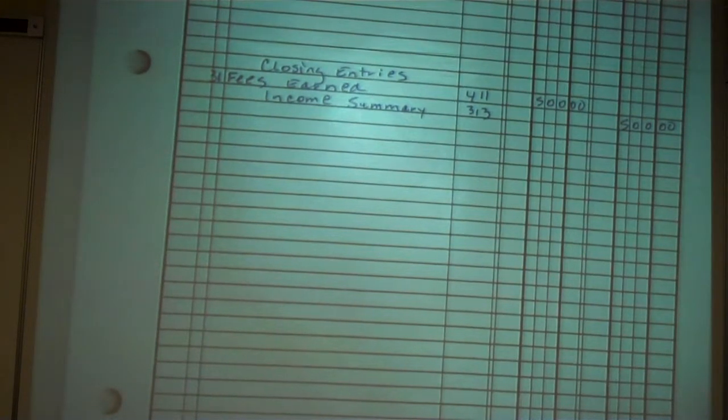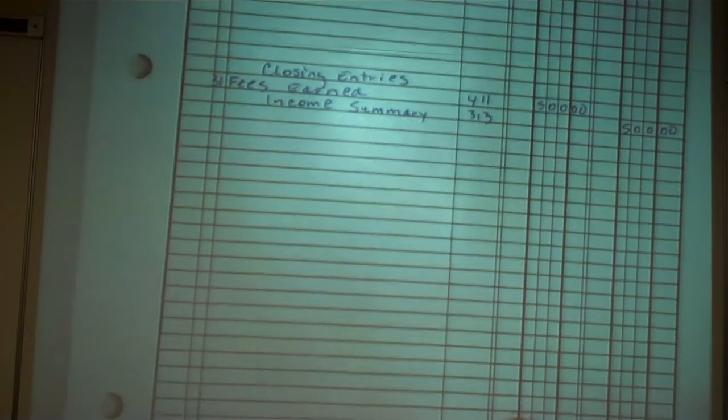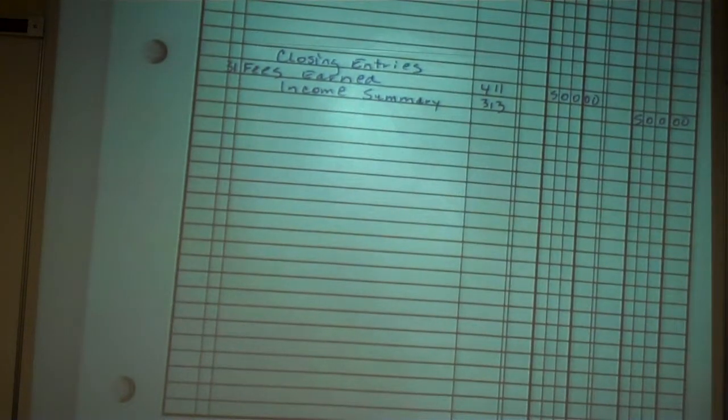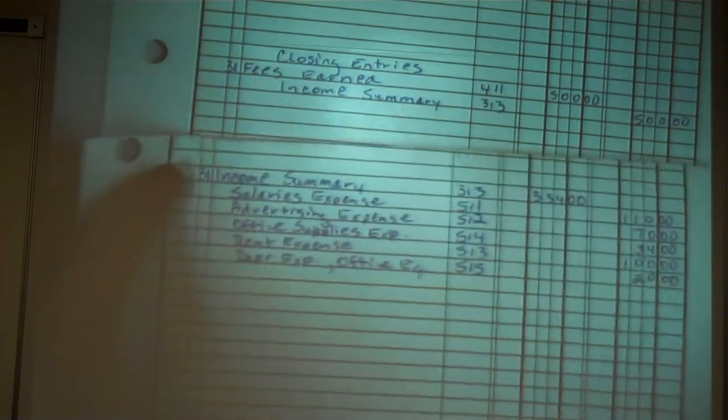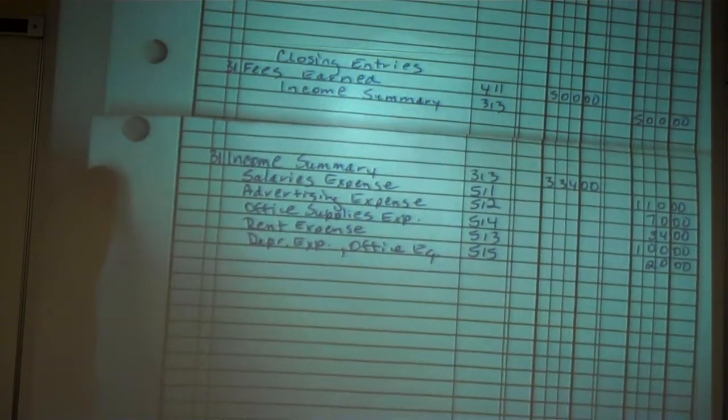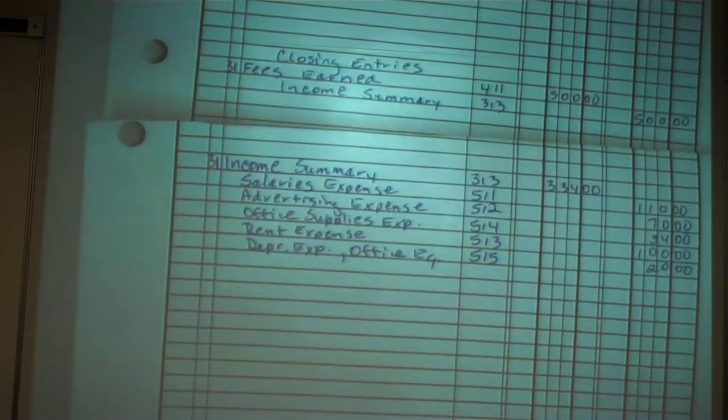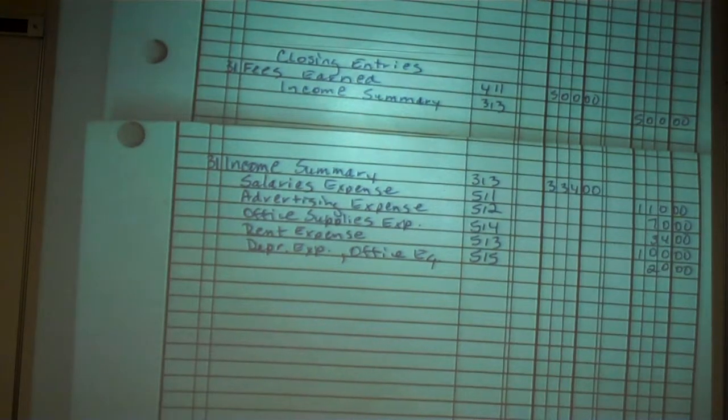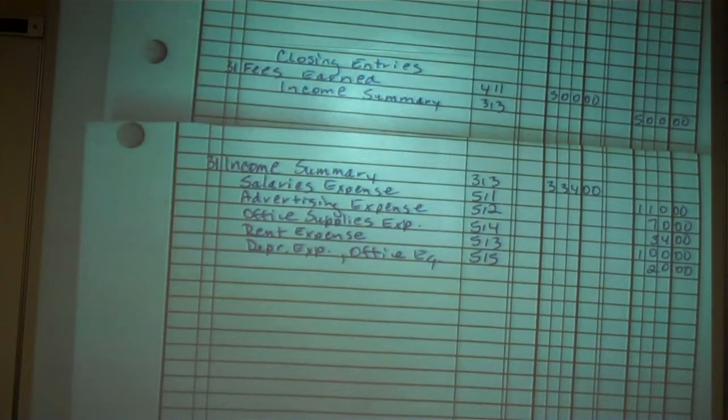Once you're finished with posting the revenue closing entry, then let's post the closing entry for all of the expenses. And I've already posted mine, so I have the account numbers there. Are the accounts going to a zero?